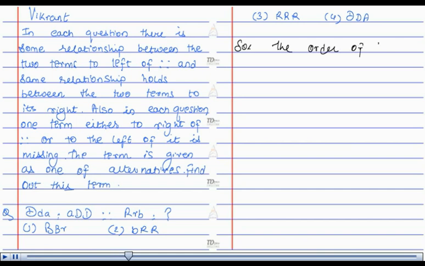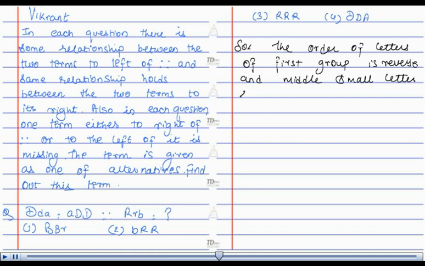of the first group is reversed and the middle small letter is replaced by a capital letter to obtain the second group.